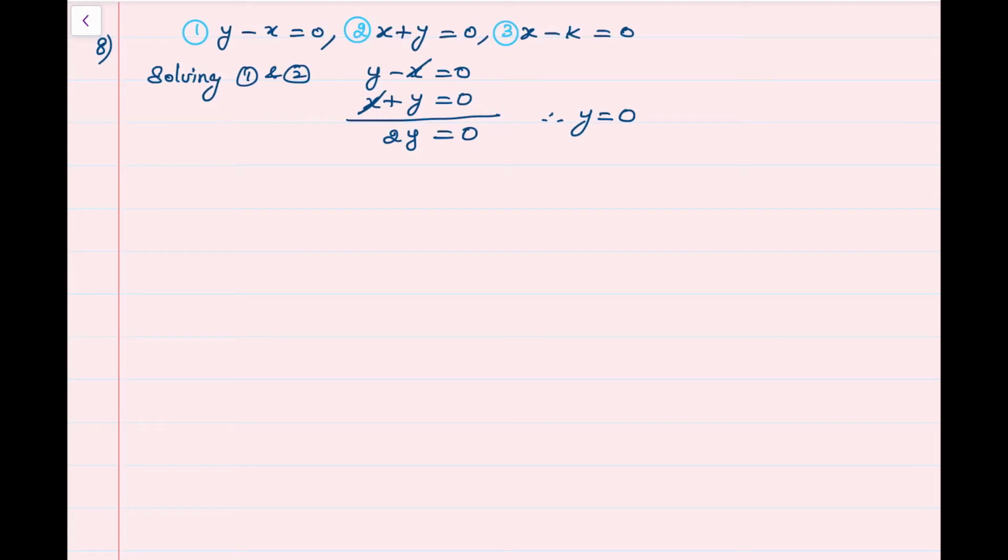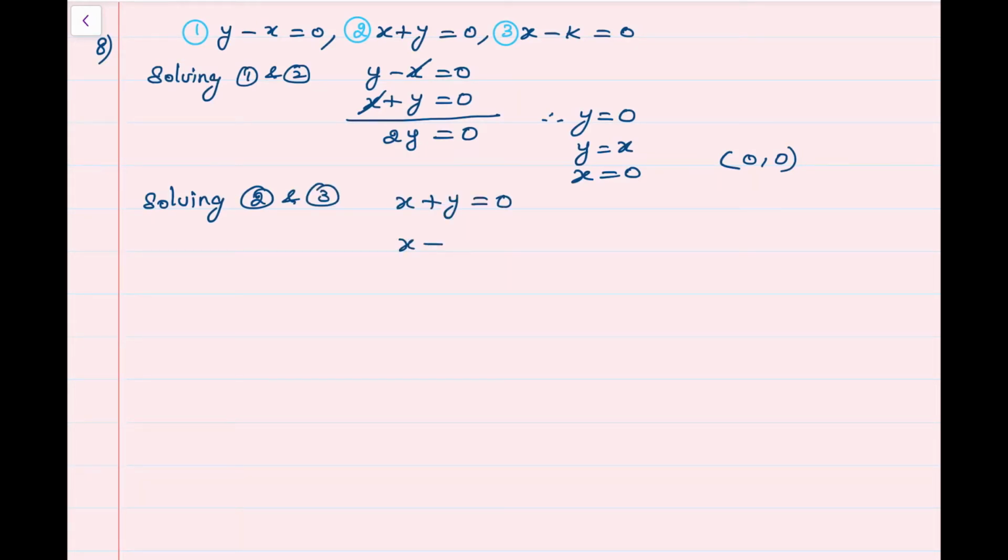From the first equation, y is equal to x. Therefore, x coordinate is also 0. Therefore, the first point of intersection is (0, 0). Now we will solve the second and the third equations. x plus y is 0, x minus k is 0.